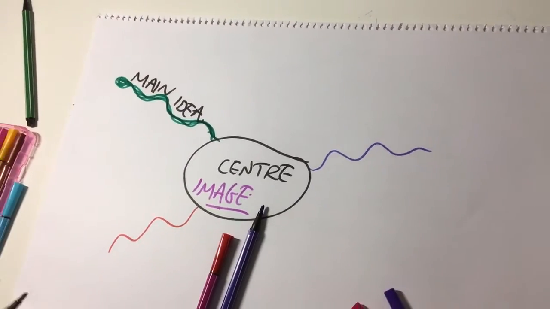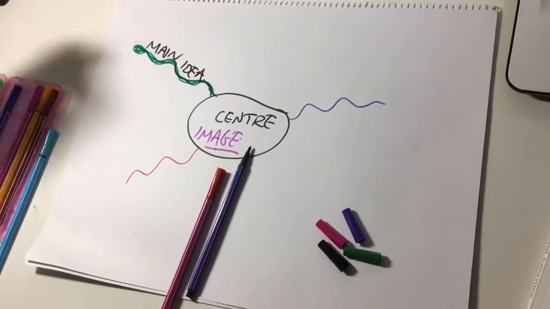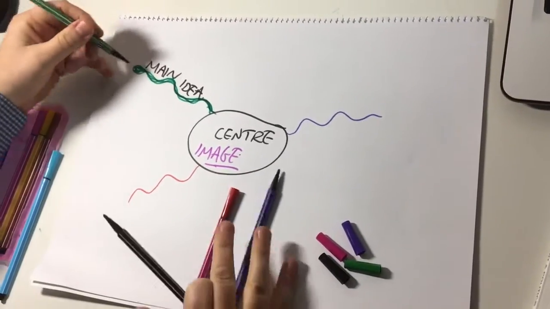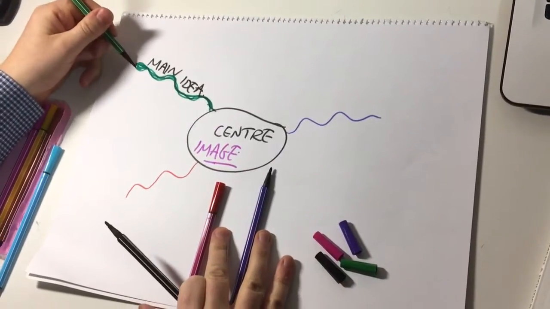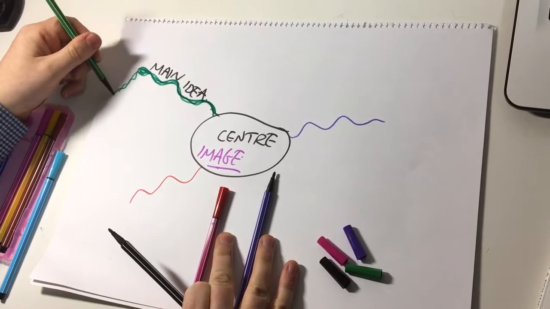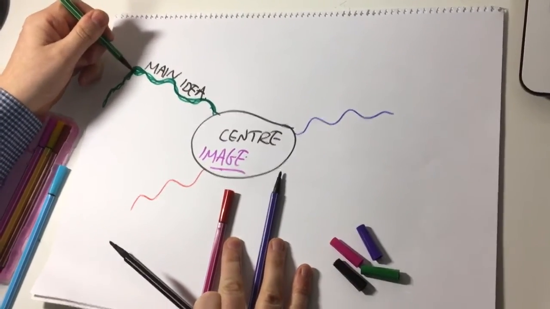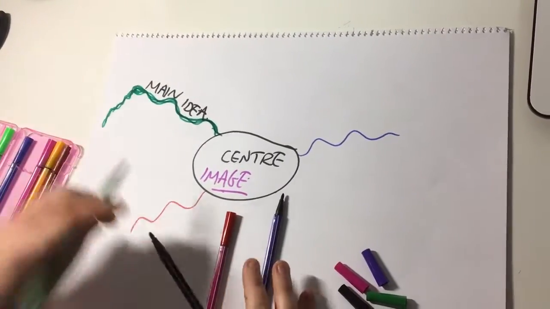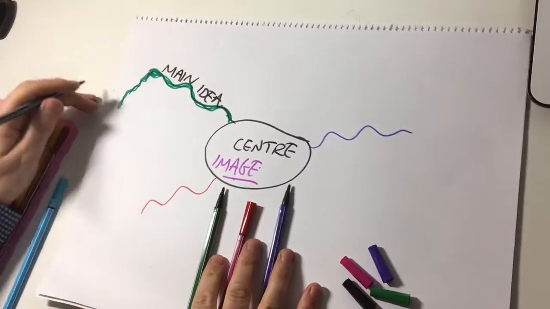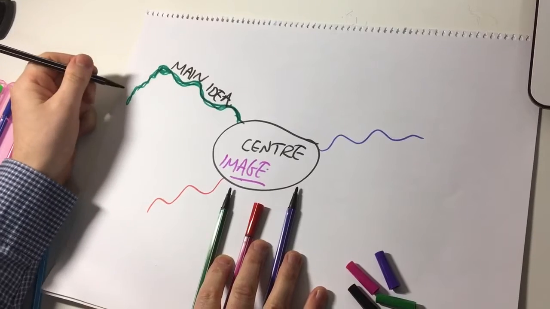Then I make sure that I connect my secondary ideas to it. The branch can still be curly, but slightly smaller, and it's connected. It's important that my brain sees the connection there. So I've got my main idea there, and from my main idea, I have connections.